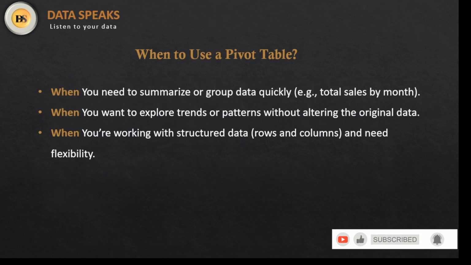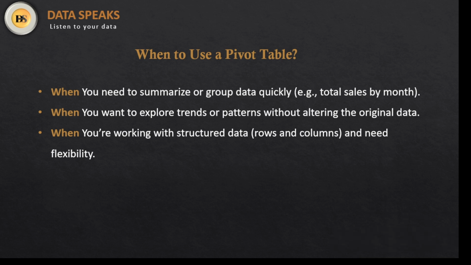We move to the last topic we're going to be treating today, which is when to use a pivot table. It is very important for you to know when to use it, and what kind of analysis you need pivot table for. When you get to know, then it will give you an advantage ahead. So one, when you need to summarize or group data quickly, for example, data sets by month.